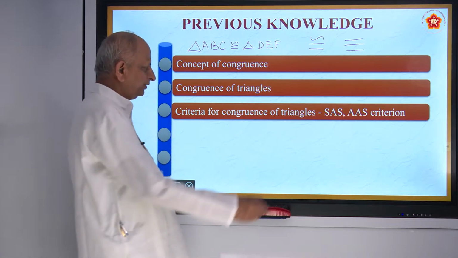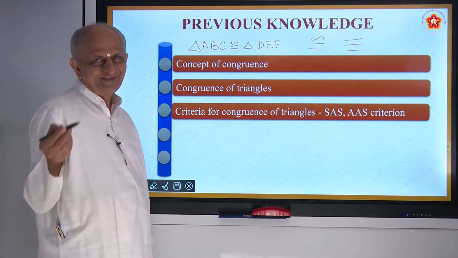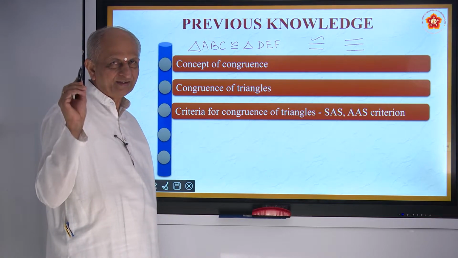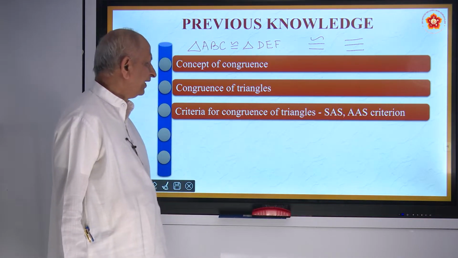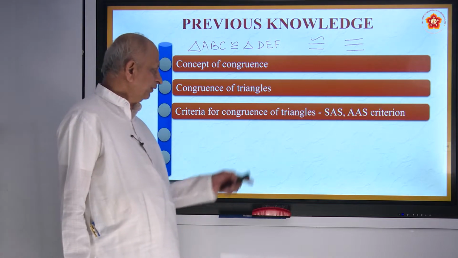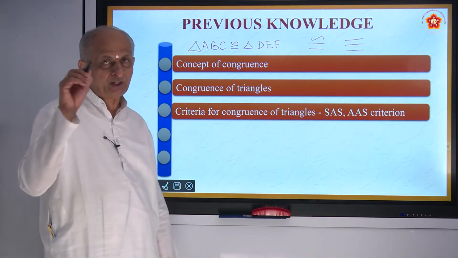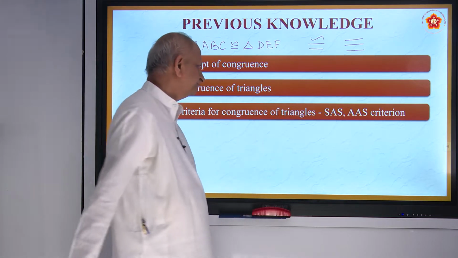We have seen SAS. SAS means side, angle, side. So two sides and one angle of one triangle are equal to the corresponding two sides and the included angle of the other. Then we say the two triangles are congruent.